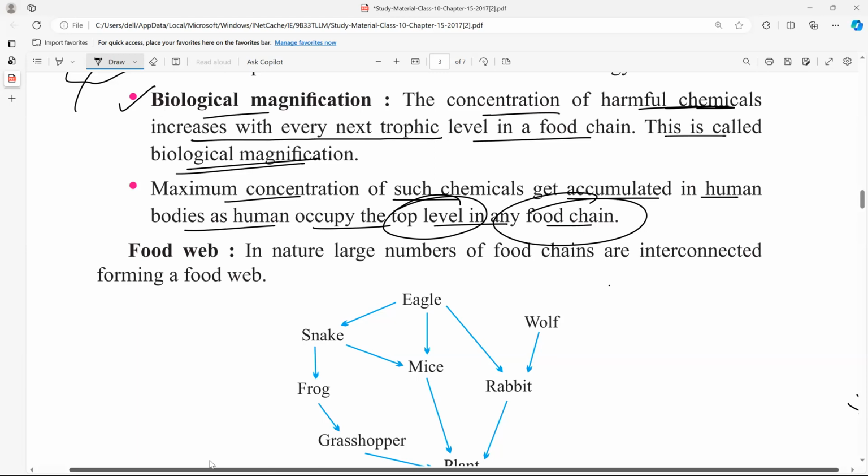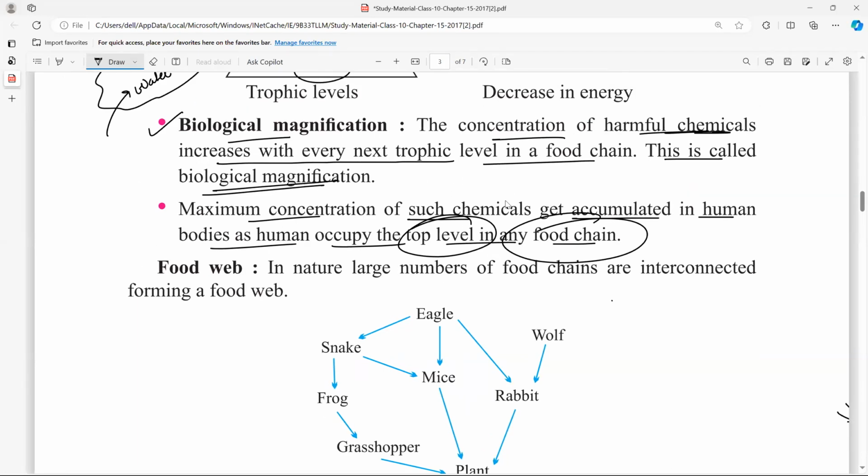We can simply say that the concentration level is increased due to many reasons, but actually it is absorbed in the flesh and is not expelled out, so that may be the reason. Concentration depends on the accumulation.